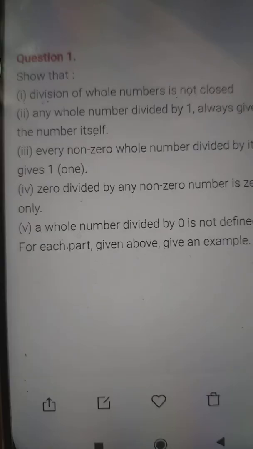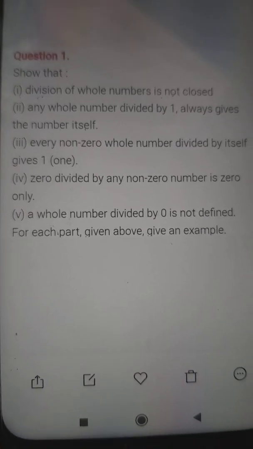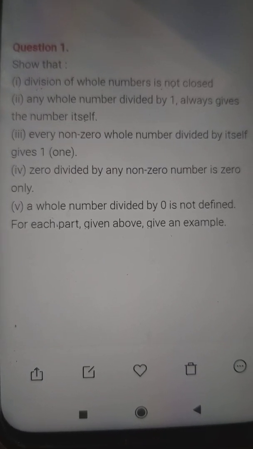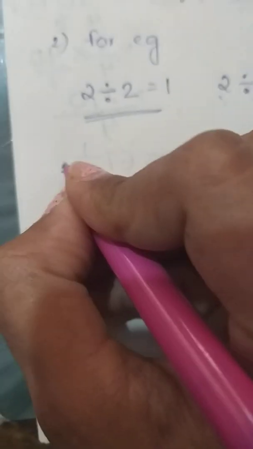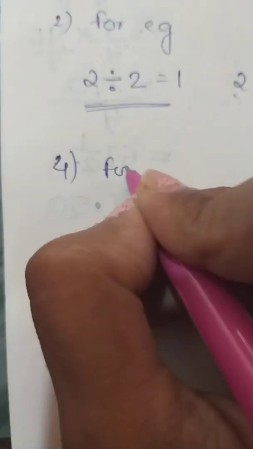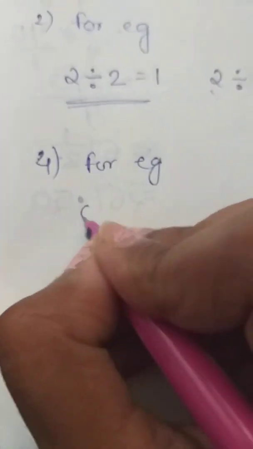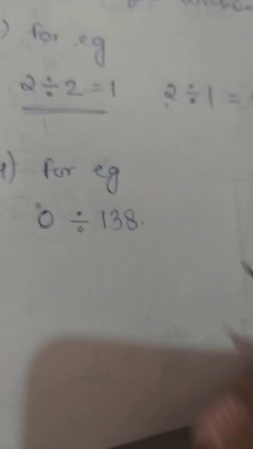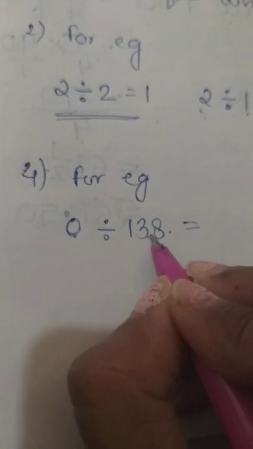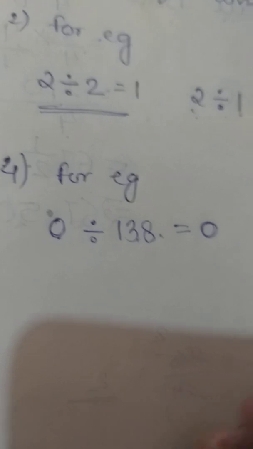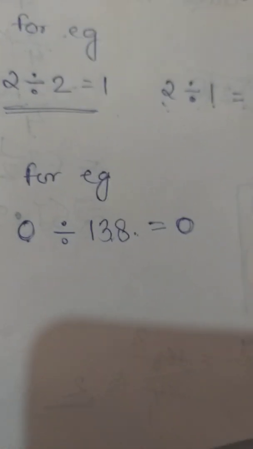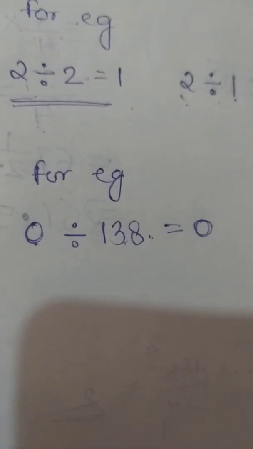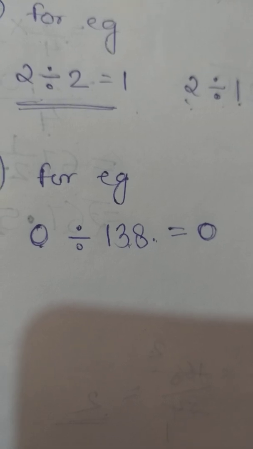Now the next question: 0 divided by any non-zero number is 0 only. So let us check with an example. 0 divided by 138, just as an example. The answer is 0. Here too the above statement is true. That is, 0 divided by any non-zero number is 0 only.